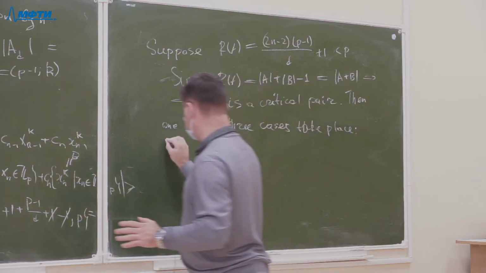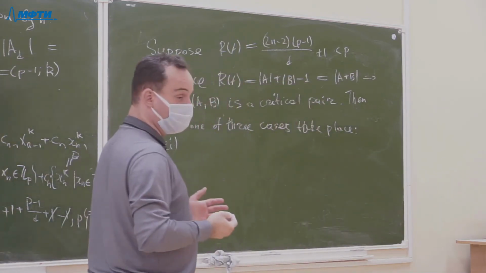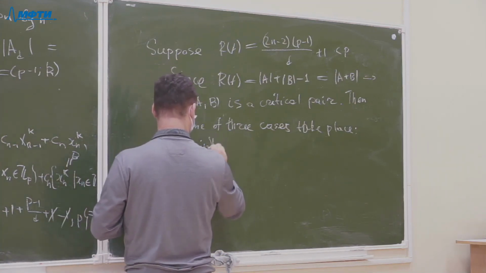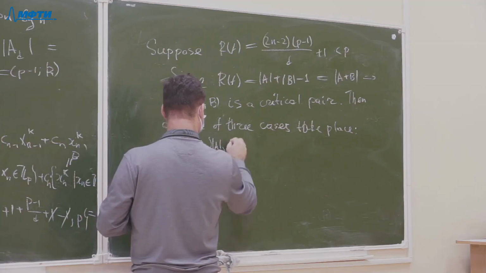Well, first case, the minimum between the sizes of A and B is 1.